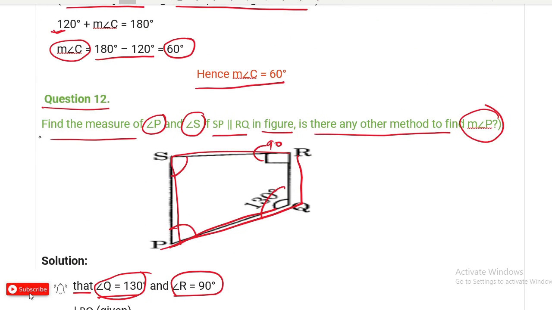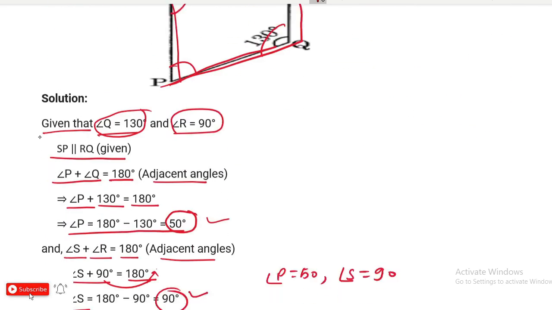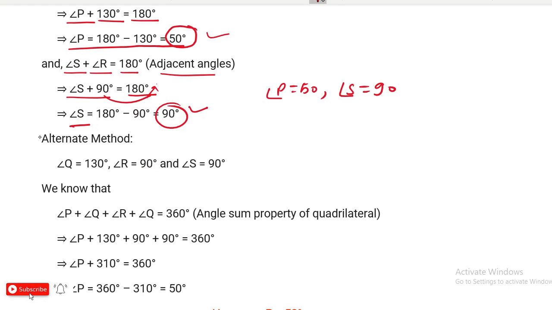The question asks: is there any other method to find angle P? So we use another method to find angle P. For the alternate method, angle Q is 130, it is given. Angle R is 90, it is also given. And angle S is 90, which we found here.